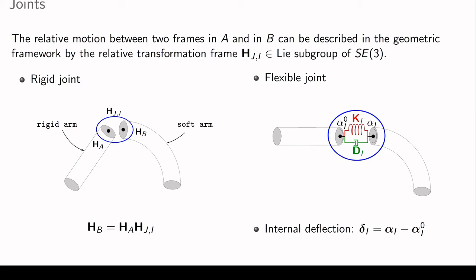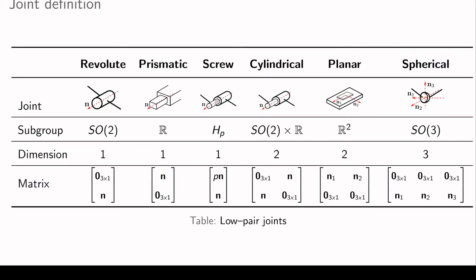And the modeling of a flexible joint can be done by introducing a spring and a damper concentrated between the two bodies, and by introducing the respective energies in the final equation of motion.